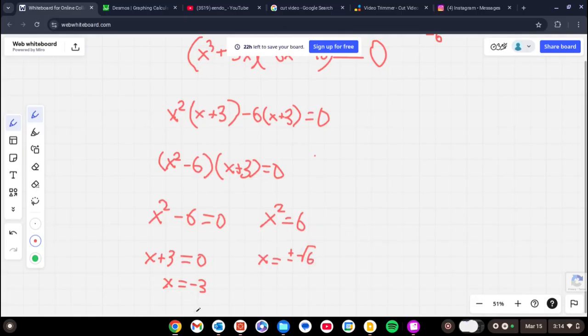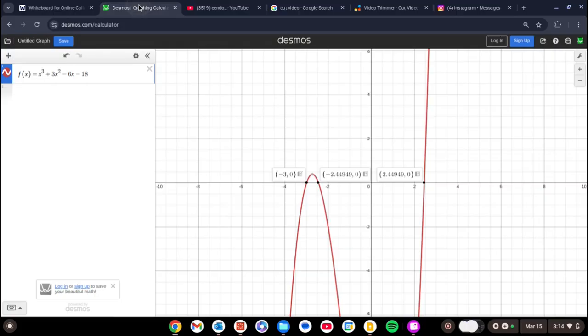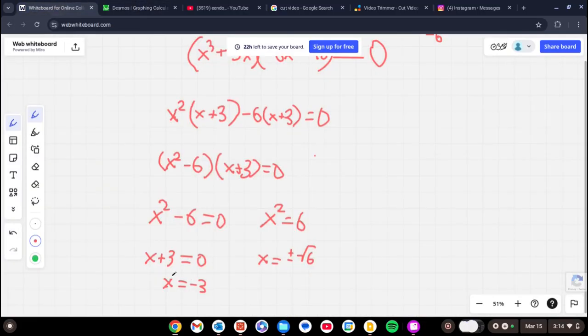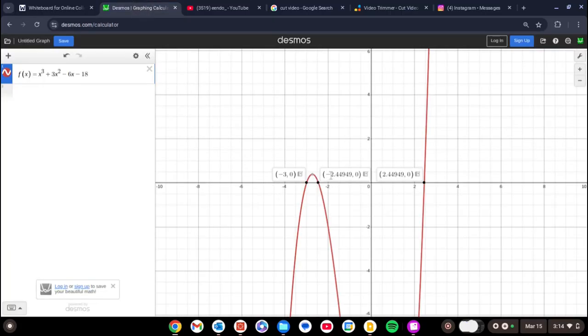So let's look at our graph again. We have the negative 3, which is what we got here. And then we got this negative 2.44 and this positive 2.44. Let's get to the precise number.